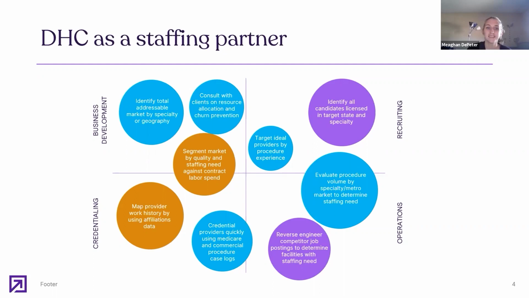We can assist in identifying all candidates' licenses in a target state and specialty. We can help map provider work history using affiliation data, and also can reverse engineer competitor job postings to determine facilities with staffing need.